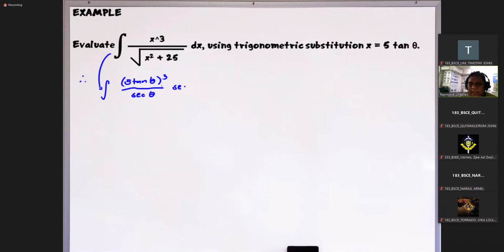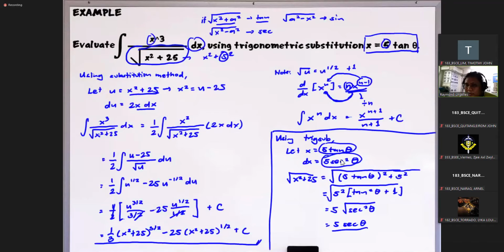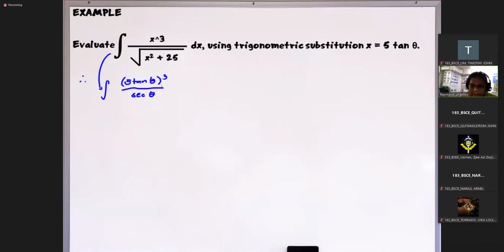Tapos yung dx naman natin ay 5 secant squared of theta, times d theta.